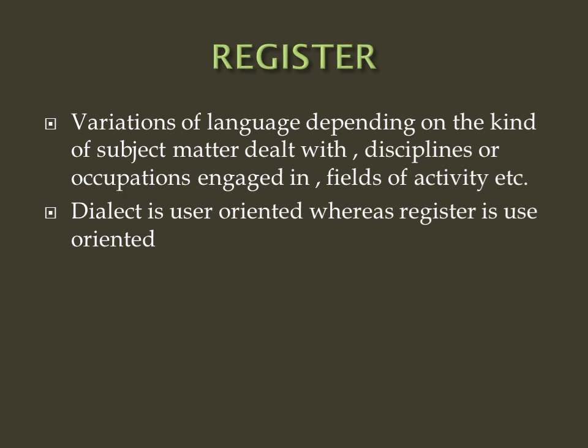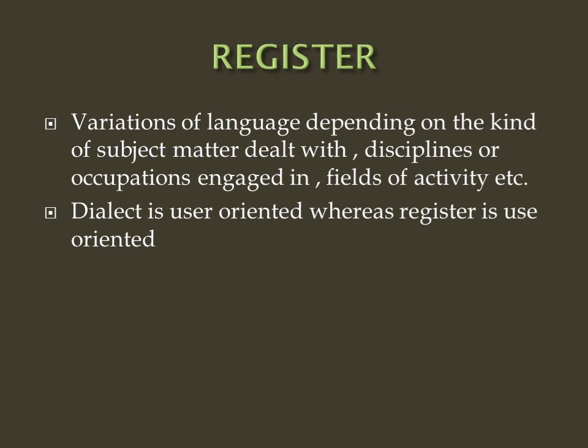Okay, now what was dialect? Dialect was user oriented, right? The people of one particular region use a language in a particular way, which may not be intelligible to people of another area. So that is dialect. Dialect is user oriented. The user uses the language in his own way.